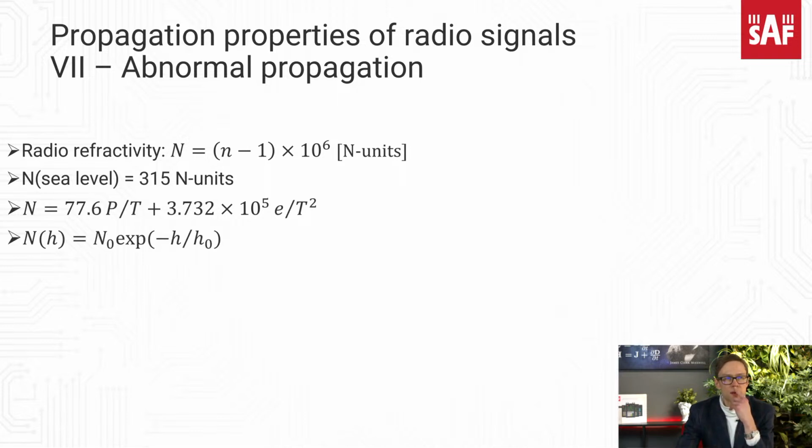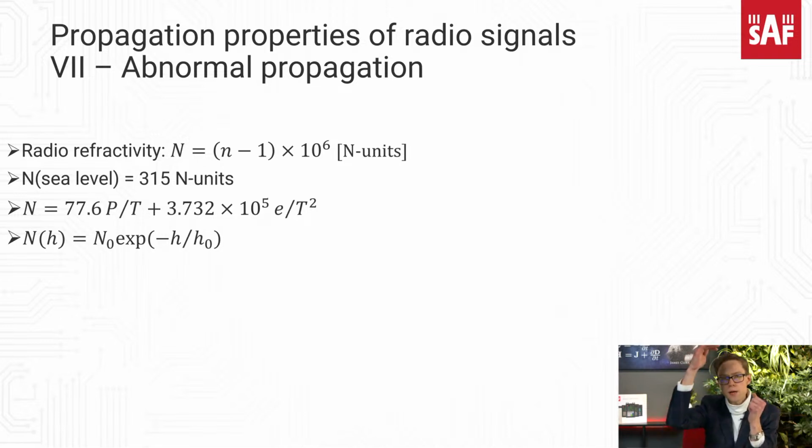But what matters to us is not just a simple radio refractivity parameter, but the change of radio refractivity with the altitude, right? That is what defines how the wave is going to propagate. That is what defines the trajectory of the wave, as we learned.